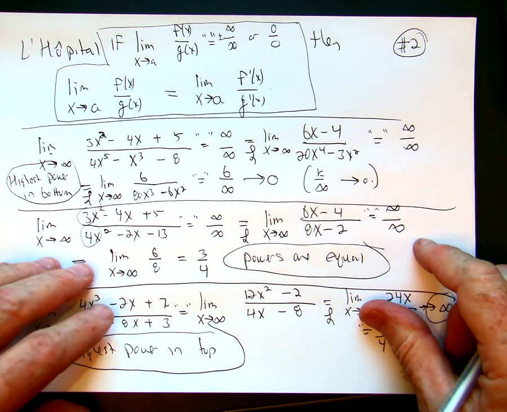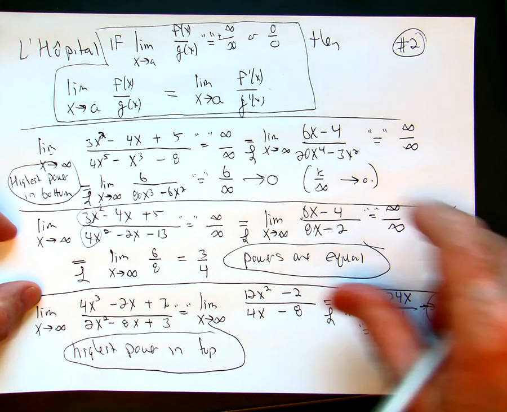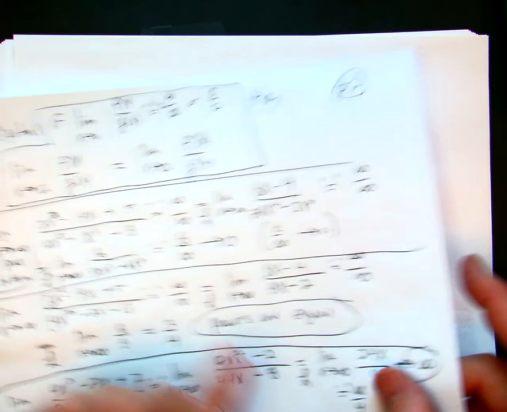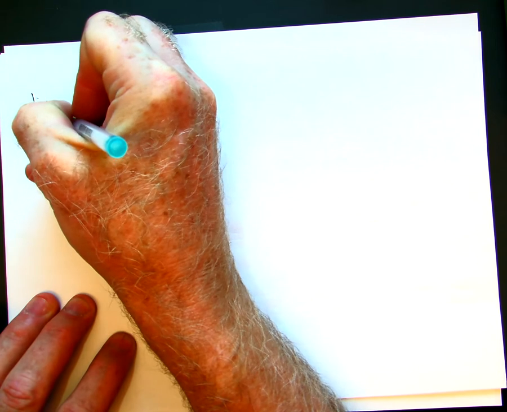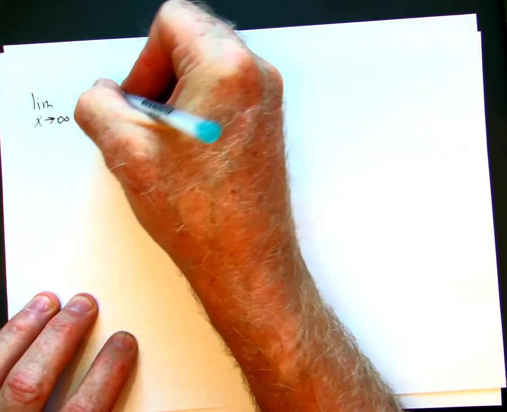Okay, so I'm going to give you an alternate way to do this. I'm going to take this problem right here and do it a different way. So let me write it down. This is the pre-L'Hopital way, and you might know this way.